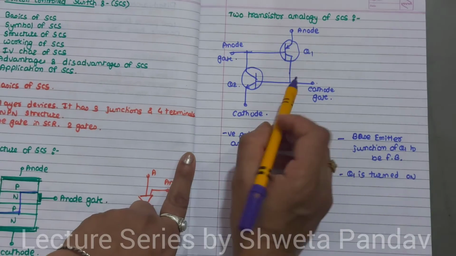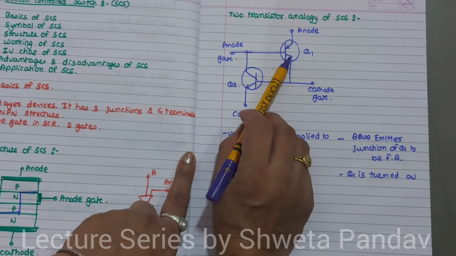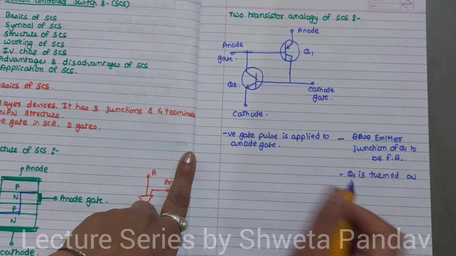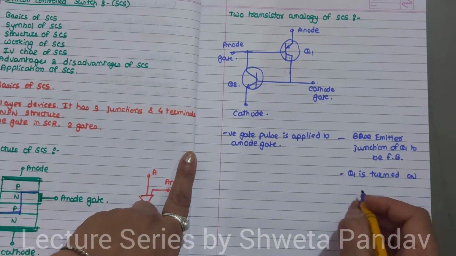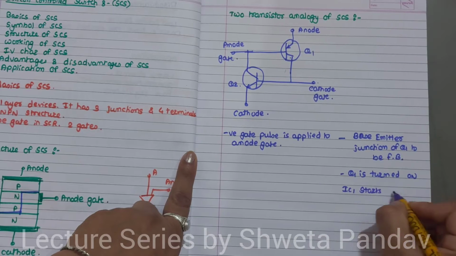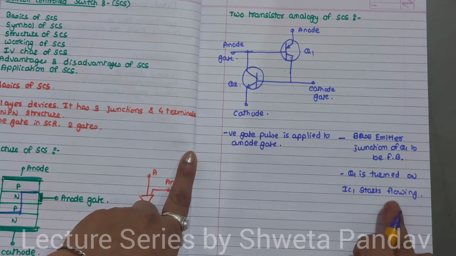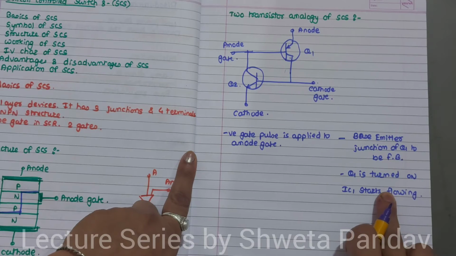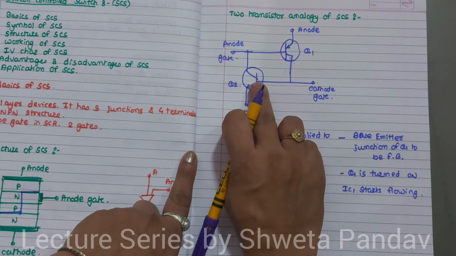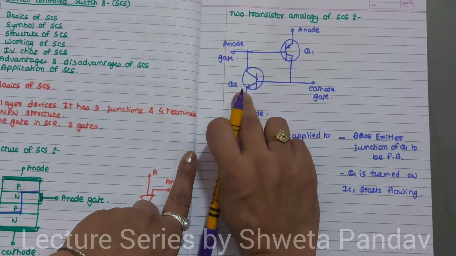Collector current starts flowing through this Q1 transistor, so IC1 starts flowing. Now this IC1 is nothing but the base current for the Q2 transistor.